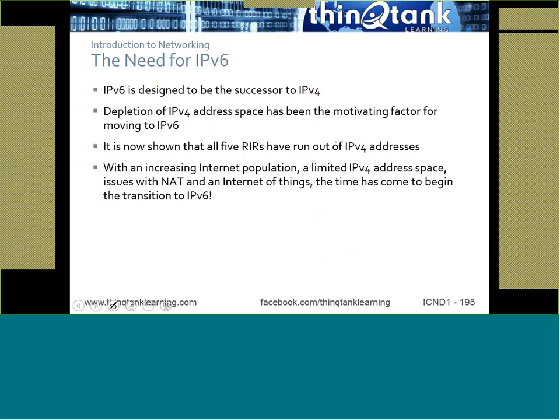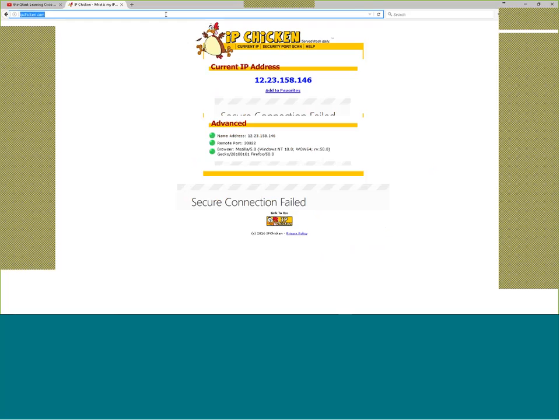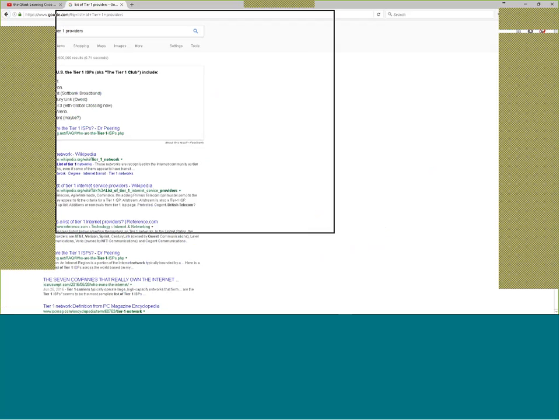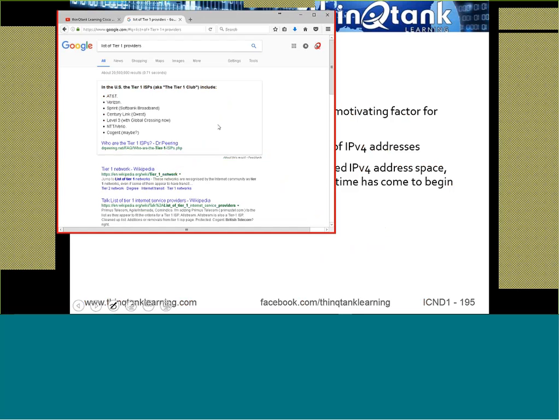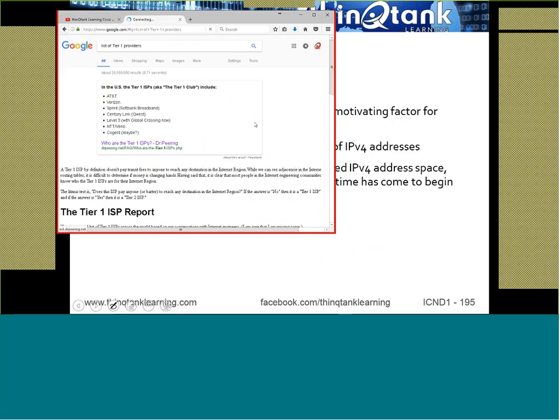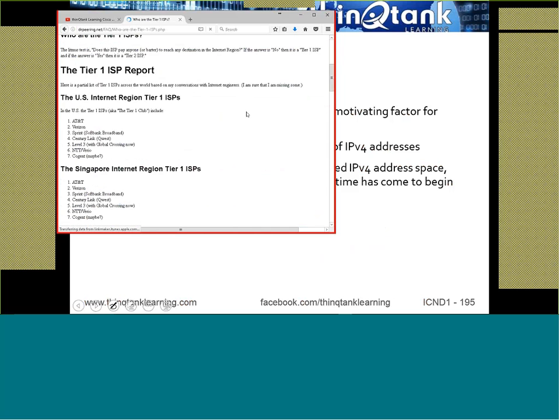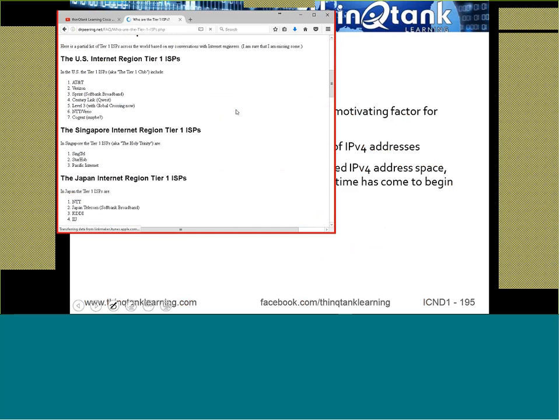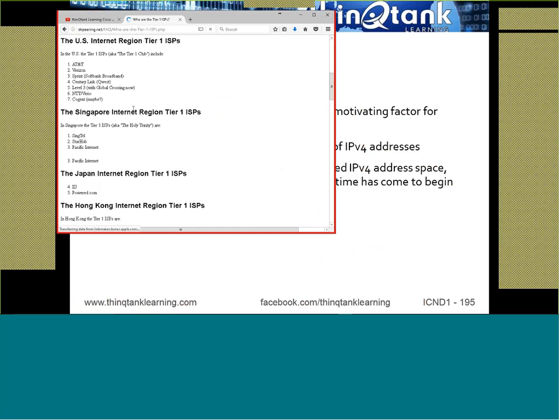Okay, let's just do a quick Google search and see what comes up here. The Tier 1 Club. Who are the tier 1 ISPs? In the U.S., AT&T, Verizon, Sprint, CenturyLink, L3, NTT, and Cogent.